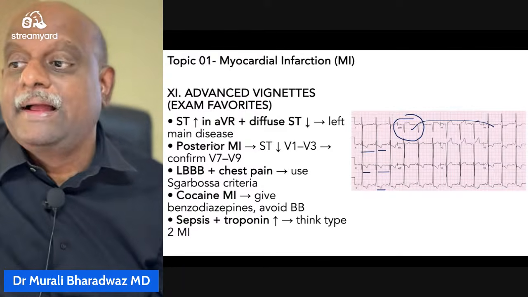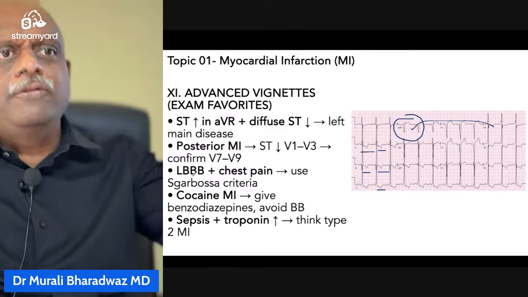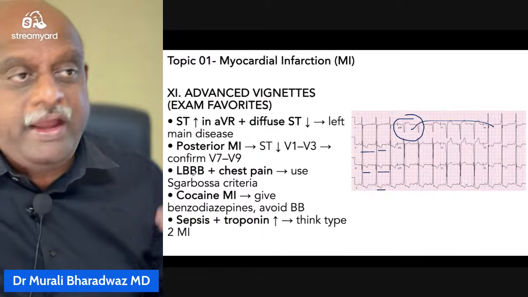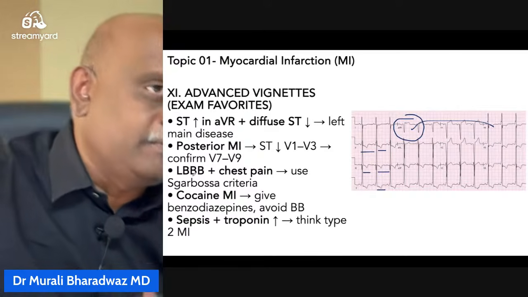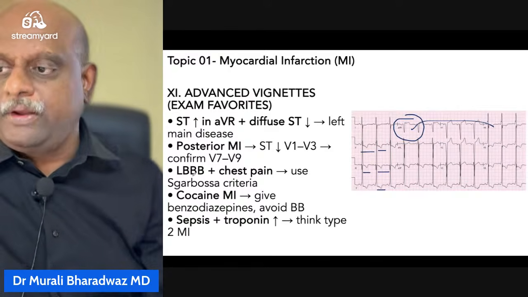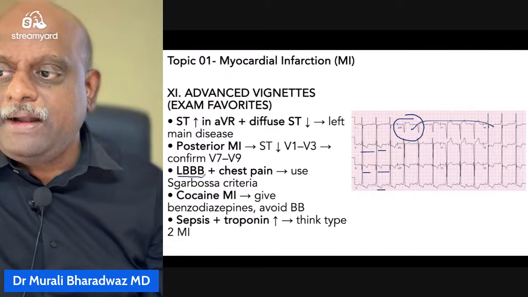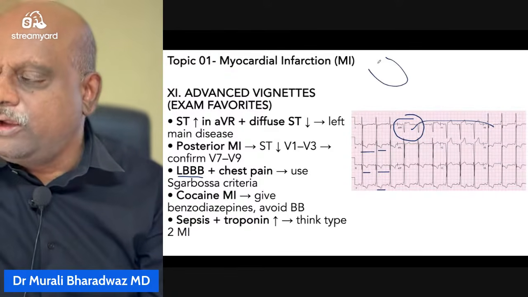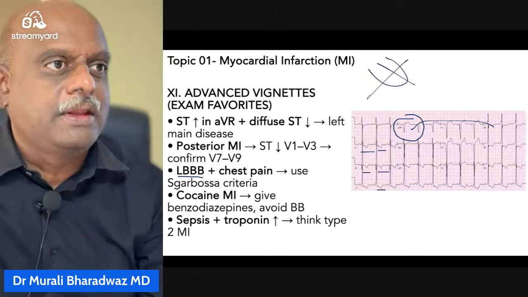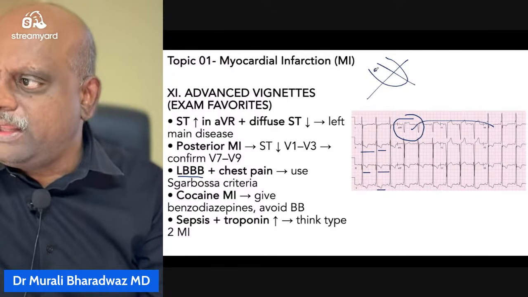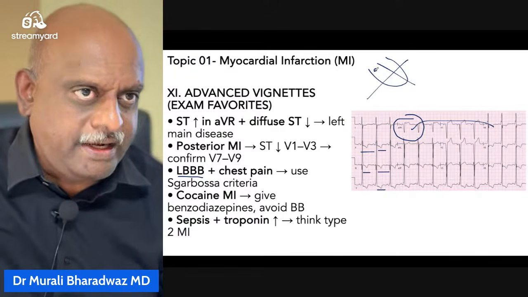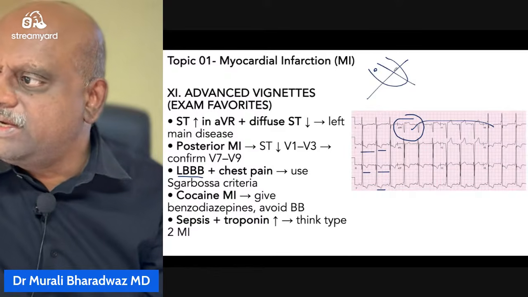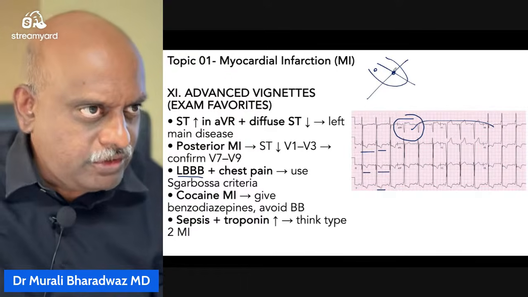Understand? So there are a few scenarios where there can be a problem. What is that scenario? It's called left bundle branch block. What is the meaning of left bundle branch block? If you look at the heart, the SA node in the right atrium will send signals to the AV node.